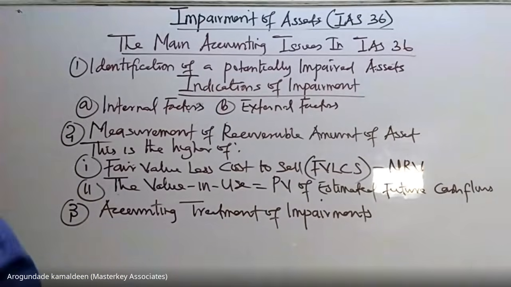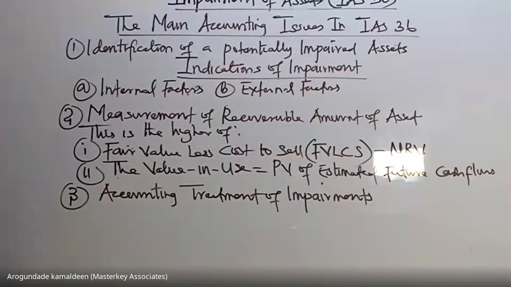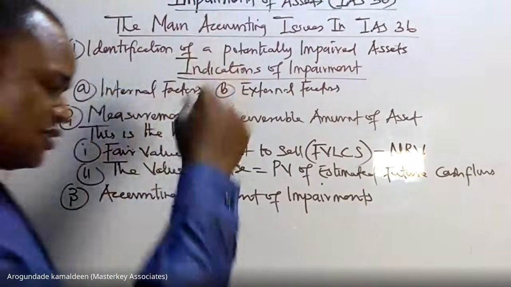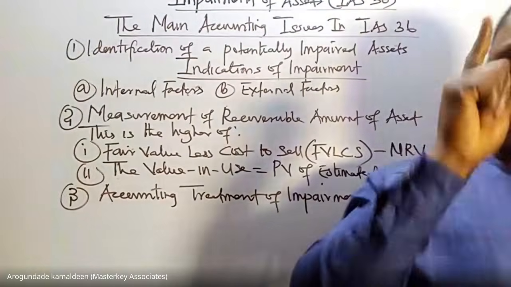Is that clear? Now, class, remember again that impairment occurs when the carrying value of an asset exceeds its recoverable amount.